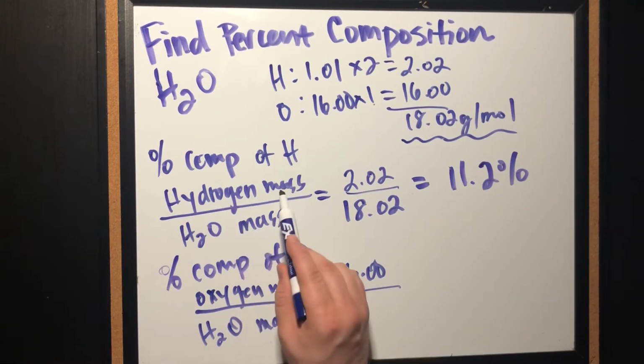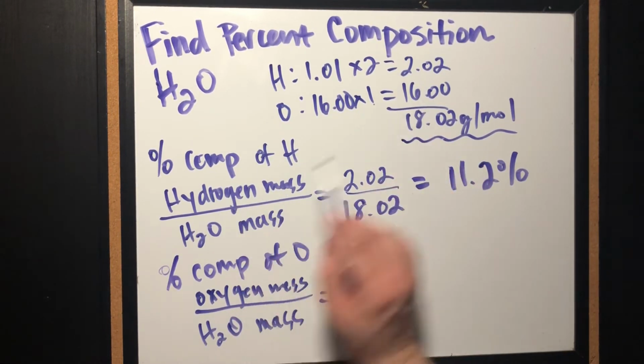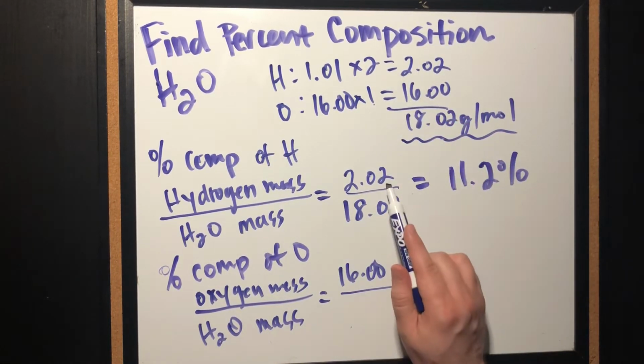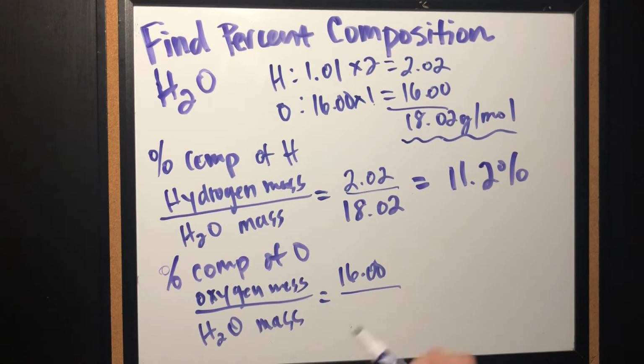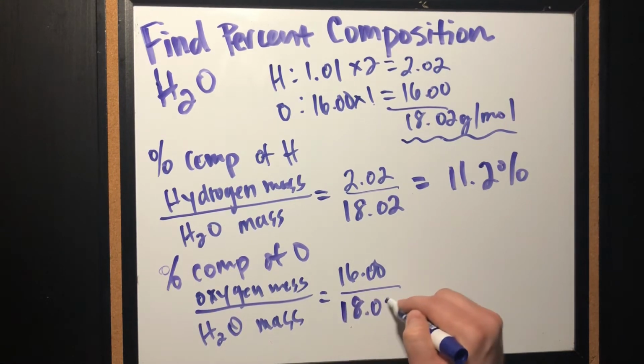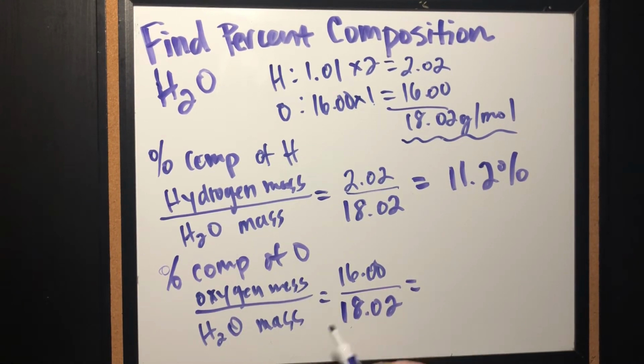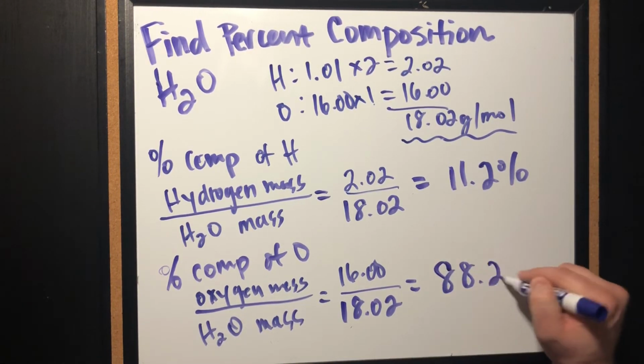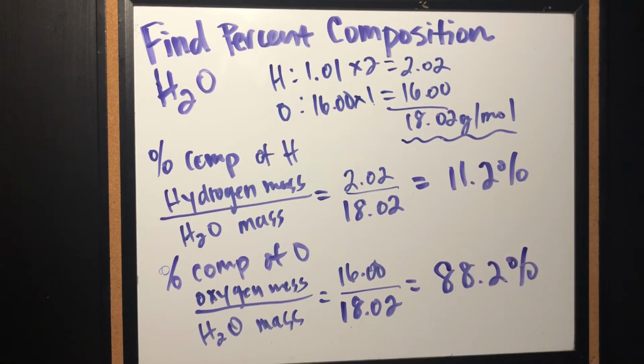In here, for hydrogen, I have 2 atoms of hydrogen. So that's why I want to account for both of them. For oxygen, 16 divided by 18.02, I should get 88.2%.